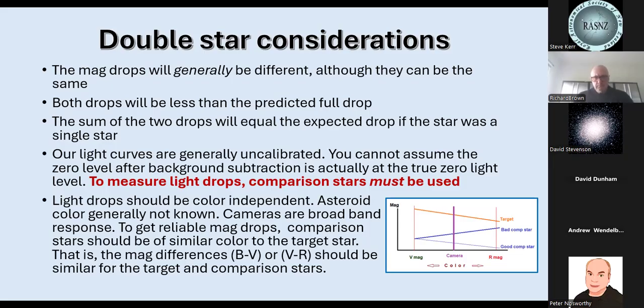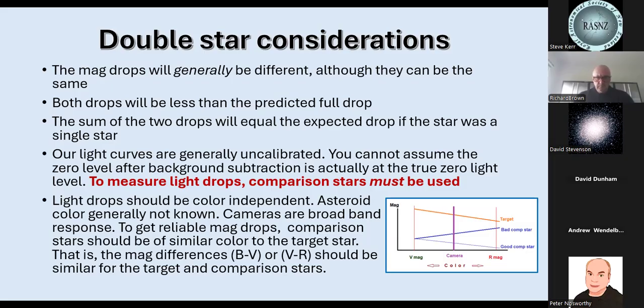And of course, if you think it's a zero light level, how many times have you had light levels which are negative? When you see negative light, then you know that things aren't quite what you believe. So you cannot assume the zero level is the background subtraction.